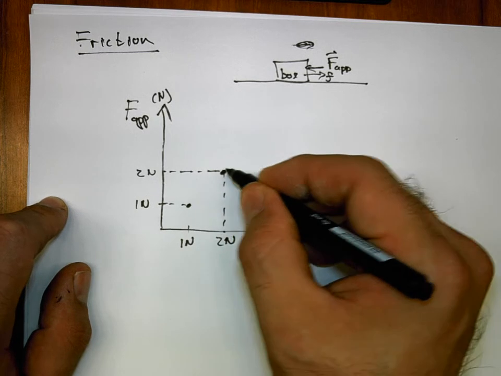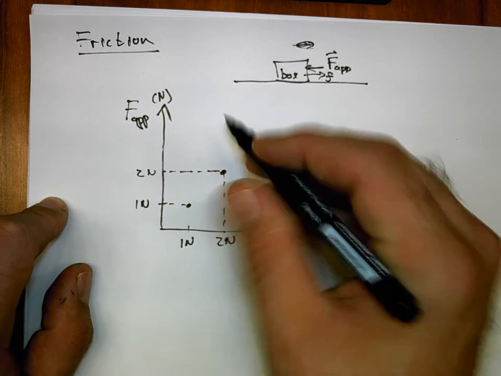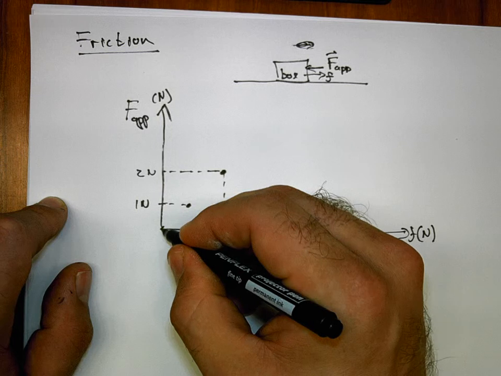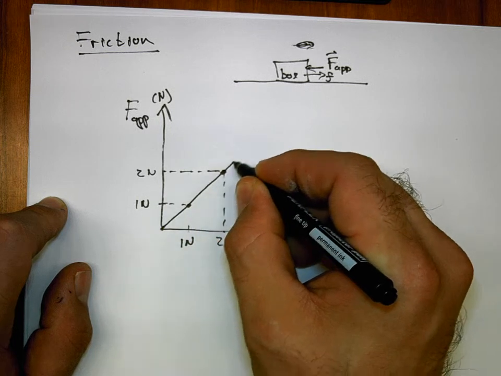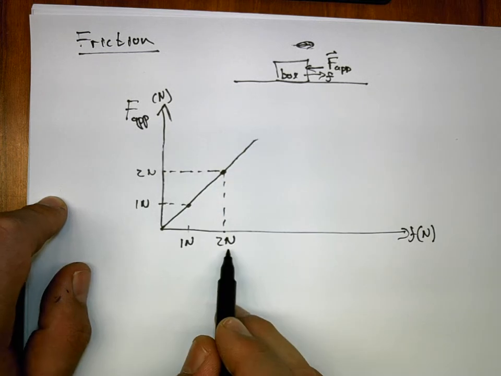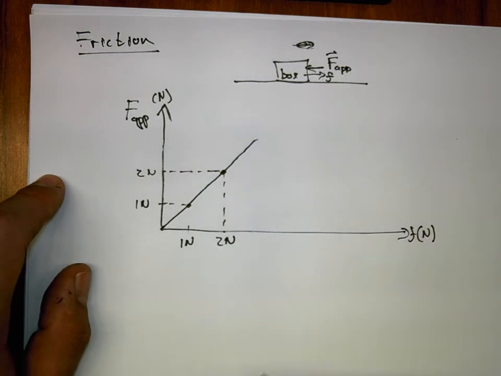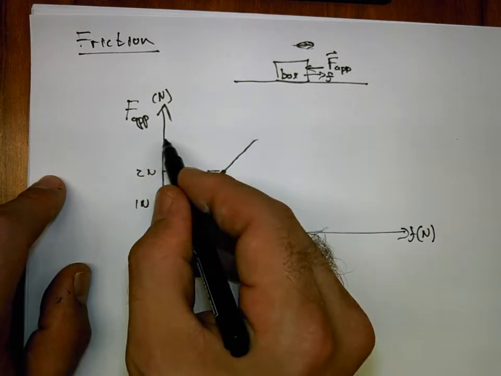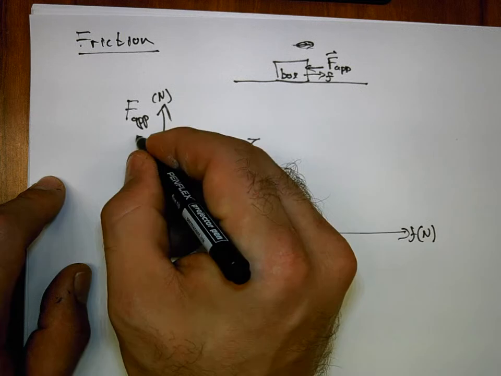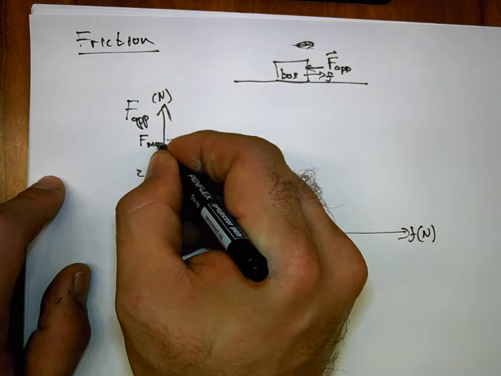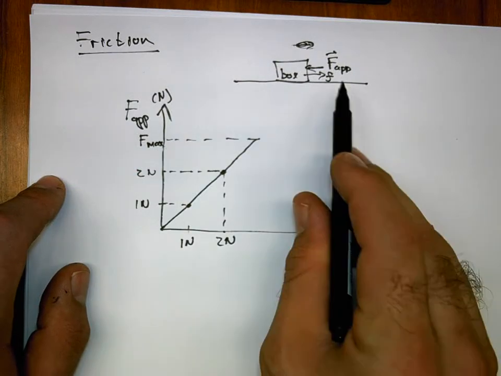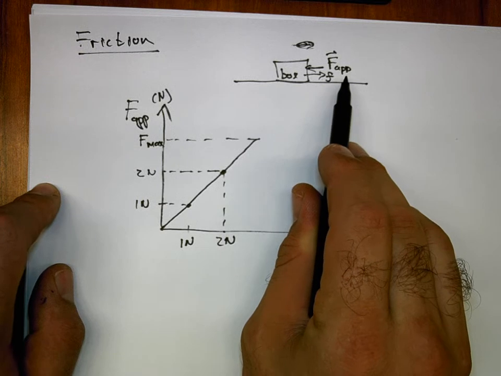So still no motion. Now I increase the force, so we can already see that while the box is not moving, whatever force I'm applying is equal to the force of friction. So there's this nice linear relationship. Now all of a sudden, over here, at some threshold force, let's call it F max, the box does move, right?